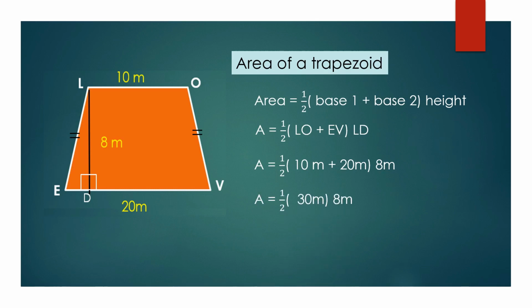Then A is equal to 1/2 times 30 meters times 8 meters. Then multiply 30 and 8, so we have 240 square meters times 1/2, so we have 120 square meters. So this is the area of this particular trapezoid.